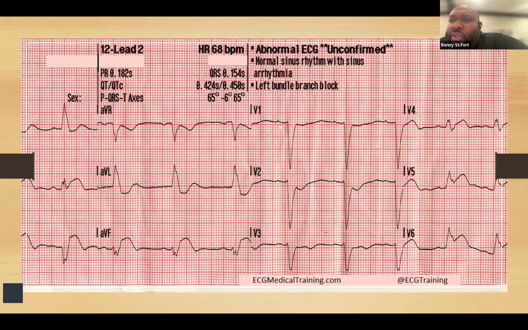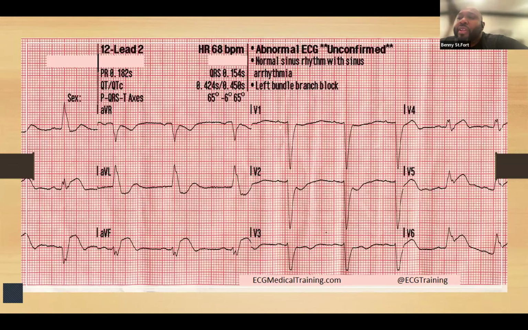Is this concordance? We're supposed to have it in two leads. V2 and V3, right? Okay, I see what you're saying.